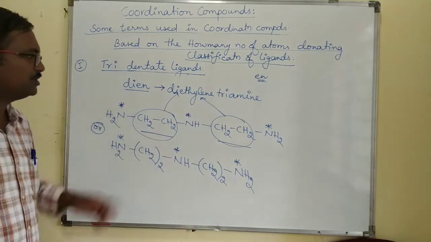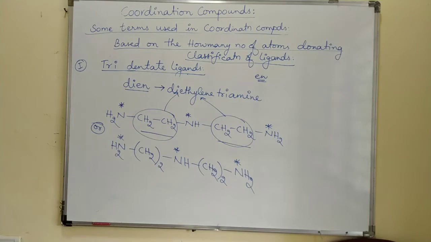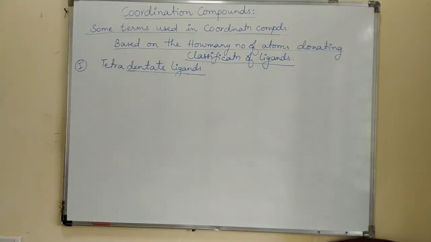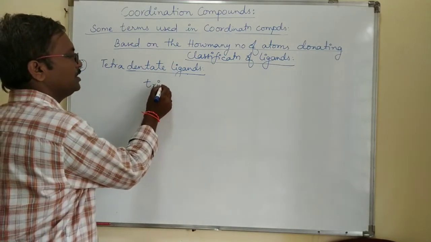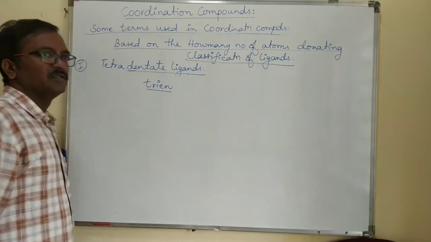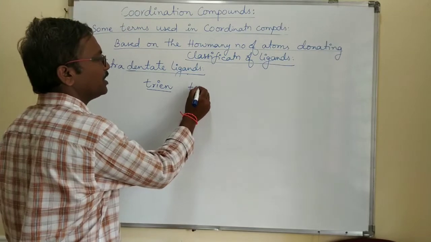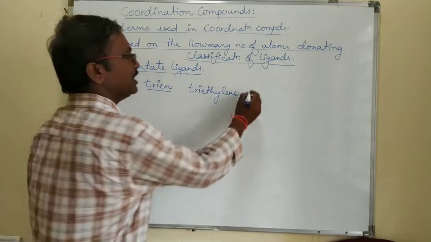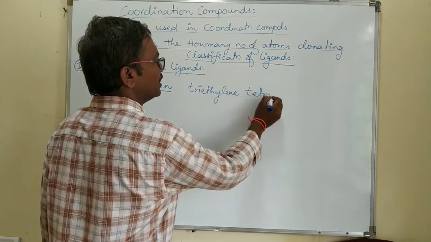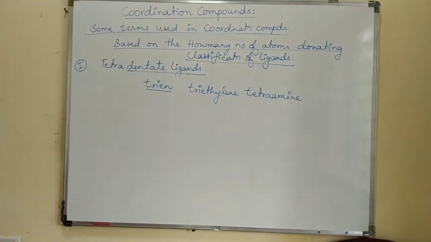So the next one is the tetradentate ligand. Trien. So what is a trien? Triethylene tetramine. Very simple.